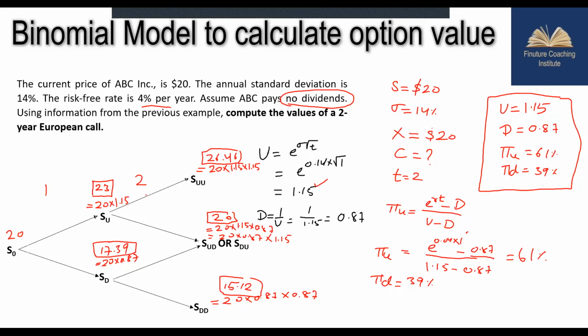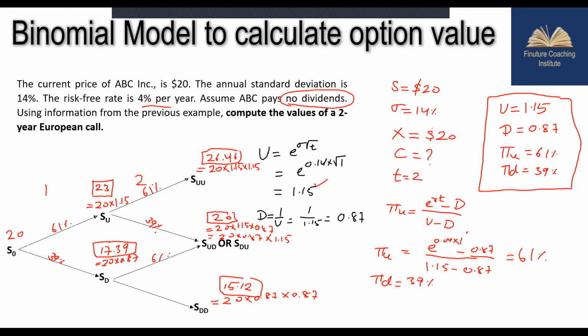And the probability of having these stock prices is, for example, the stock price going to 23 in year 1 is 61%, and the stock price going down is 39%. Similarly, when you calculate over here, it's 61%, and over here it's 39%.